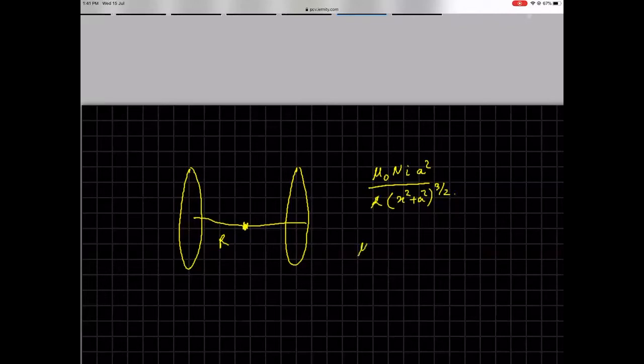So this will become mu naught Ni r squared by 2 power 3 by 2, because this is r, this is r. The distance will become r squared plus r squared, so 2 power 3 by 2 into r cubed. These two get cancelled. So I have mu naught Ni by 2 power 3 by 2. This is going to be the magnetic field in this region.